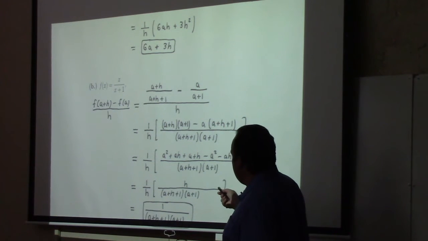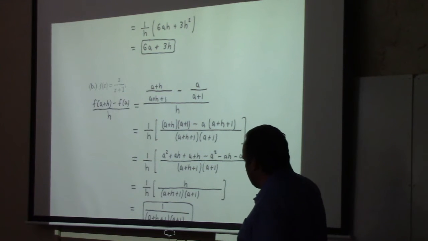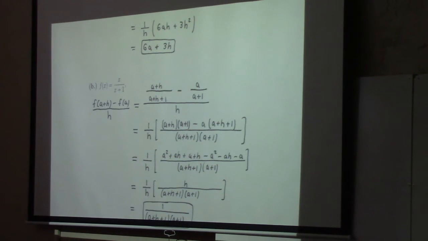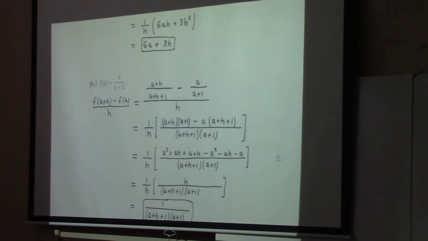And then when you multiply these things out, you get a squared plus a plus h minus a squared minus ah minus a. And almost everything here cancels, except for that lonely h in the middle. They cancel, and you're left with 1 over the product of a plus h plus 1 with a plus 1. Oh, any questions?